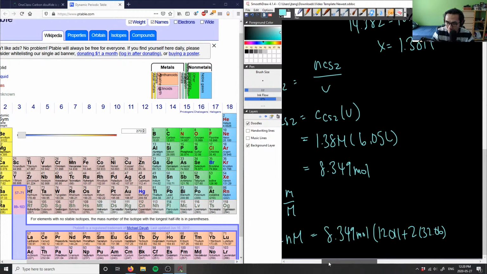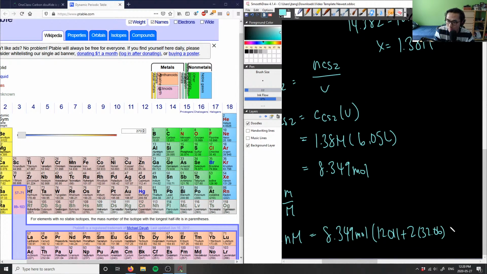This is going to equal the grams of carbon disulfide being created here, which is 8.349 times 12.011 plus 2 times 32.06, which is 64.12. So I'm going to get a value of 635.6 grams.